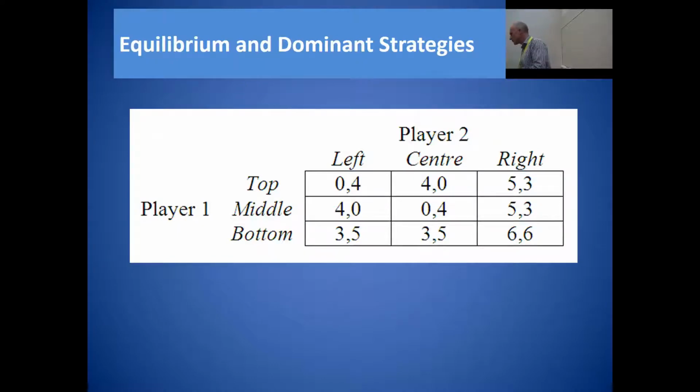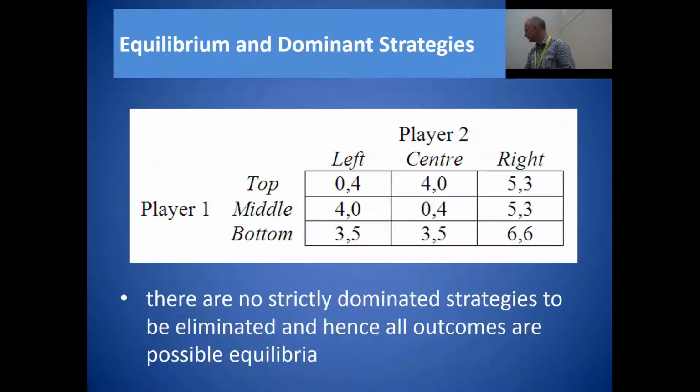Well, if you go through that game, there are no strictly dominated strategies to be eliminated, and hence there are no dominant strategies. So, for example, if we took player 1, when would player 1 play top?